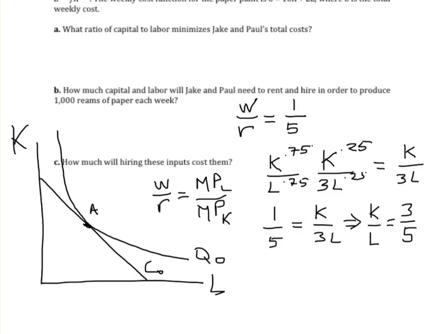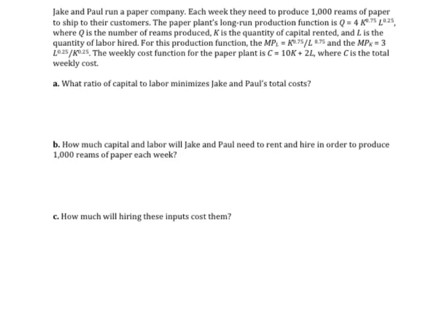Let me create a new page for part B. So remember we left off saying K over L is 3 over 5, otherwise known as 0.6.